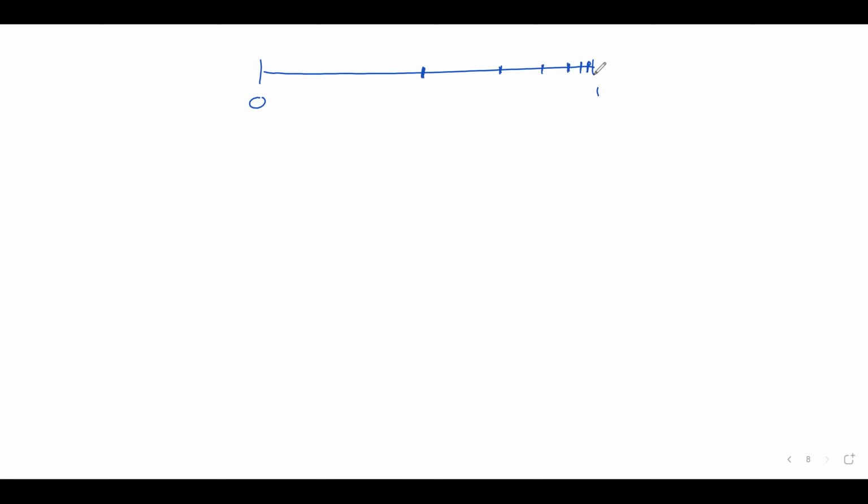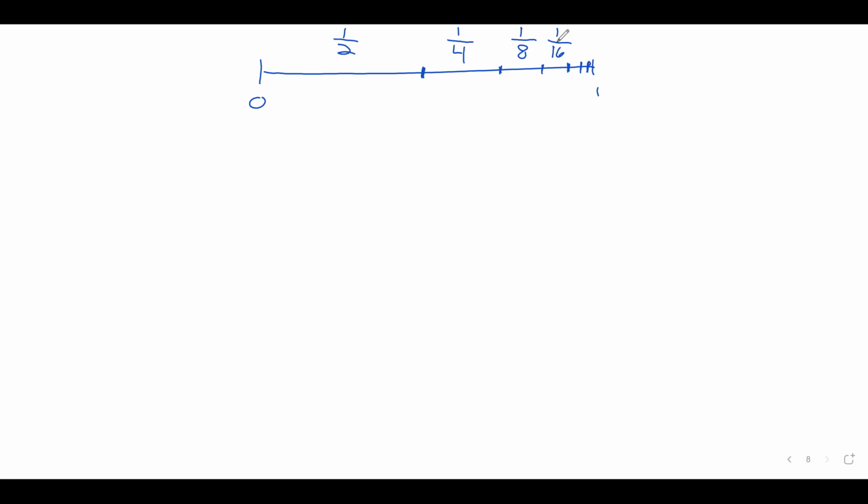And I mean, if we think of walking at a constant rate of 1 mile per hour, then these intervals are 1/2, 1/4, 1/8, 1/16, 1/32. And this is a geometric series.